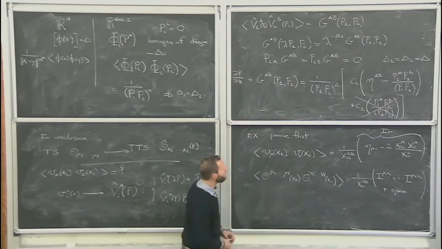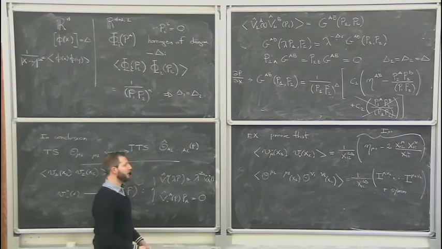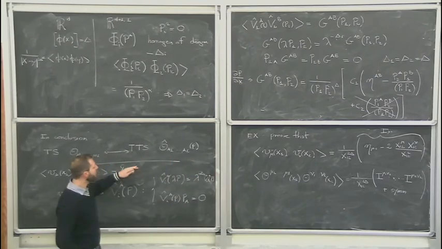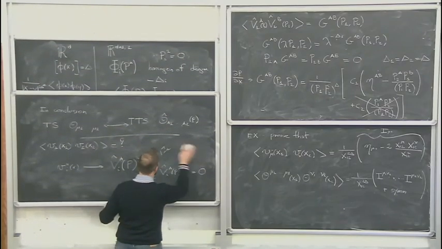Okay. In the final 15 minutes, I would like to compute another example, or at least sketch the proof, which is an example that we need: a scalar-scalar-spinning operator. As you will see, it's also very simple.